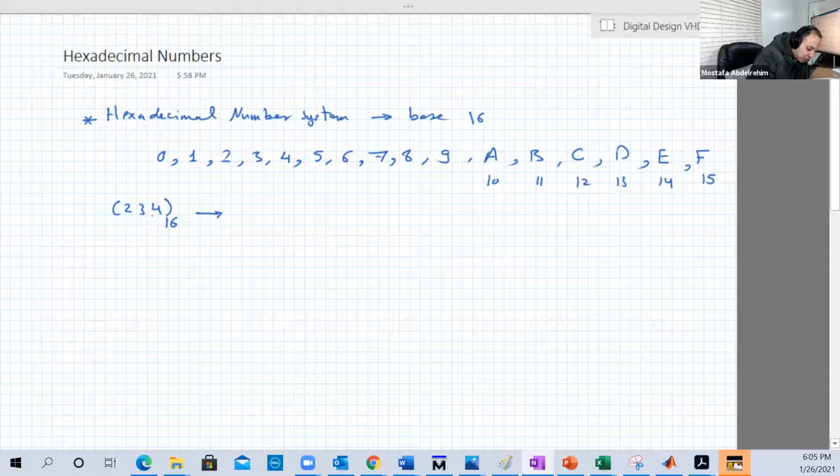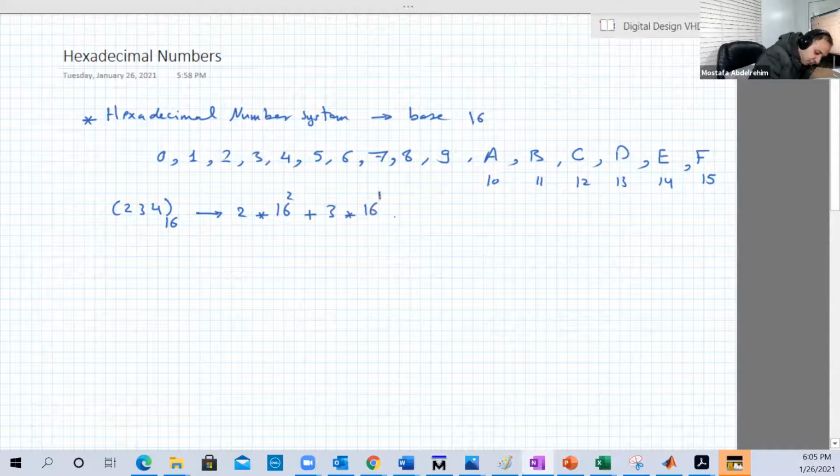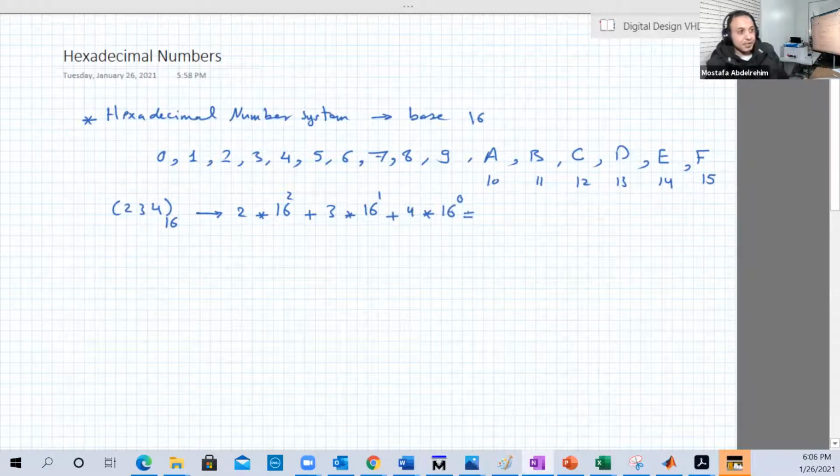This is equal to 2 multiplied by the base, just like what we did with decimal and binary, 16 to the power 2, plus 3 multiplied by 16 to the power of 1, plus 4 multiplied by 16 to the power of 0.